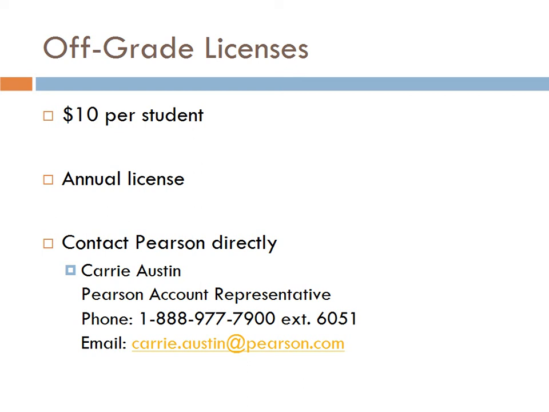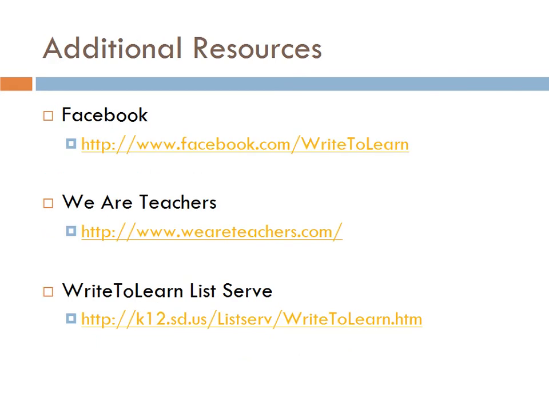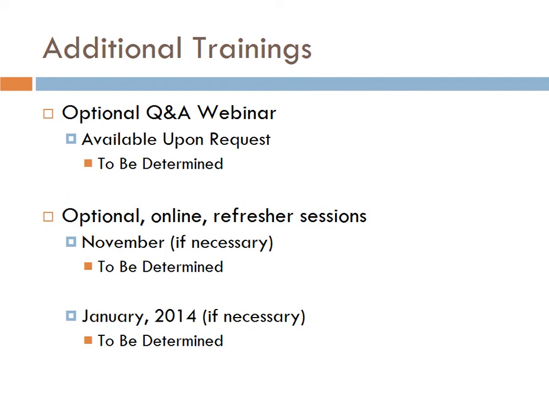The state pays for the 5th, 7th, and 10th graders. And here's the contact person once again, Carrie Austin, which is also on that website. Some additional resources you can check out. And we will have optional Q&A webinars later on, but those are if requested. So if you want another webinar, just request it and we'll make it happen.